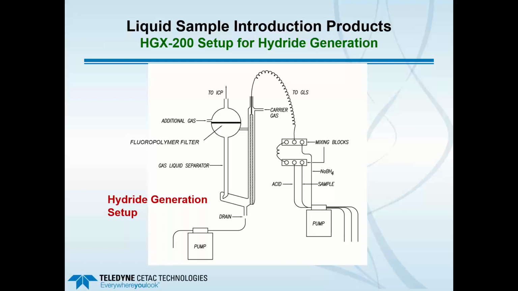And it's very important that you have the speed of the pump on the drain moving faster than the influx of the sample solution and the reagents, because you do not want liquid building up inside the gas-liquid separator. That would, of course, cause instability.